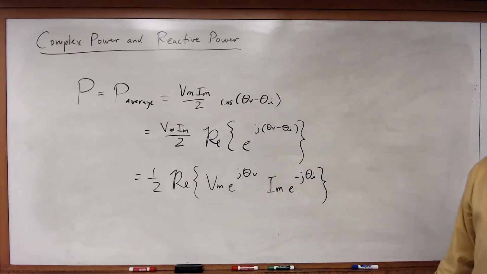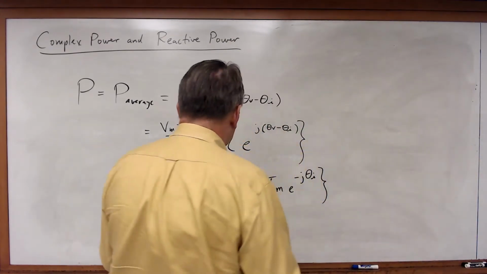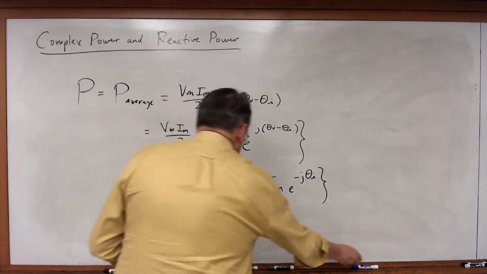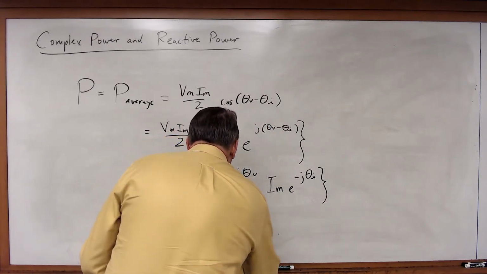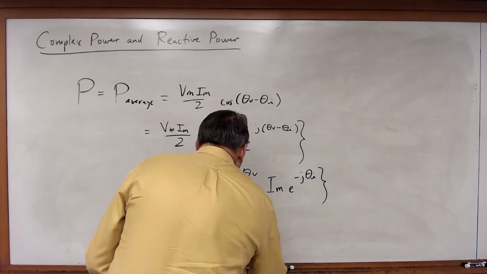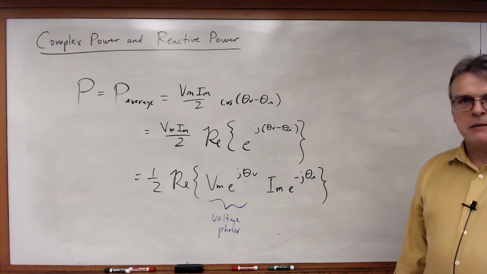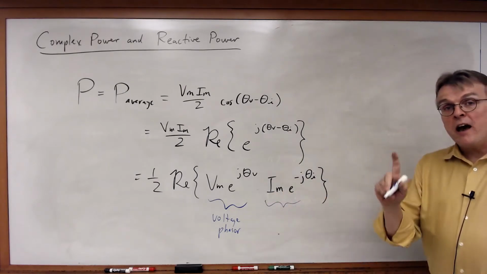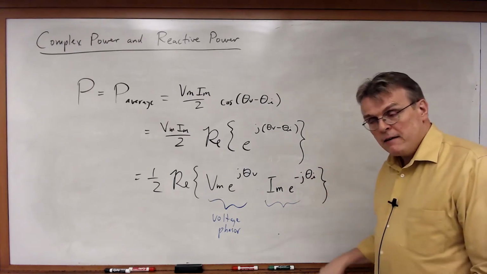Now, Vm e to the j theta sub V is nothing but a voltage phasor. And Im e to the minus j theta sub I is the complex conjugate of a current phasor. We are flipping the sign on the phase angle.